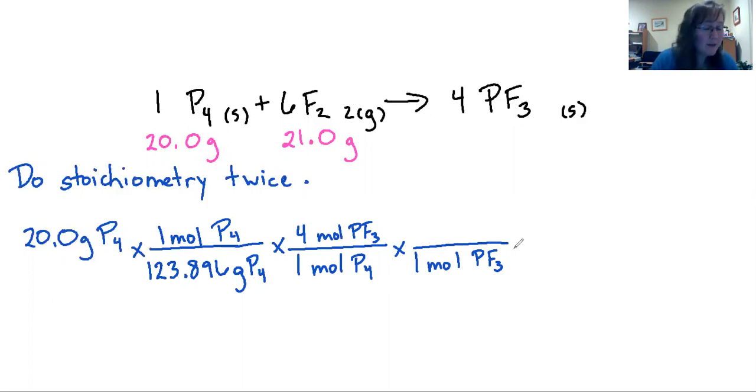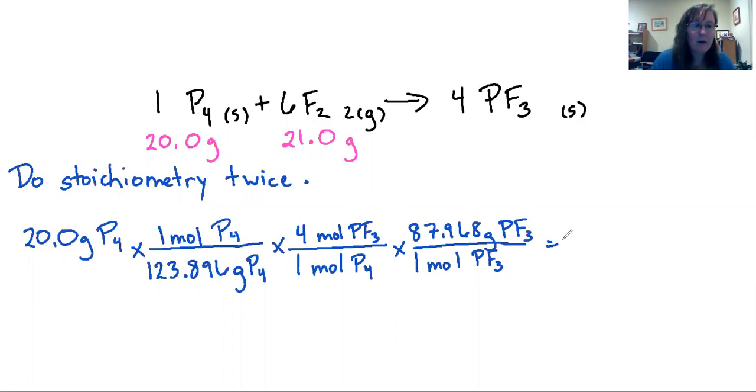I have to find that again because I erased it and I didn't write it down. Okay, so fluorine 18.998 times 3 plus my phosphorus 30.974, and I have 87.968 grams of PF3.